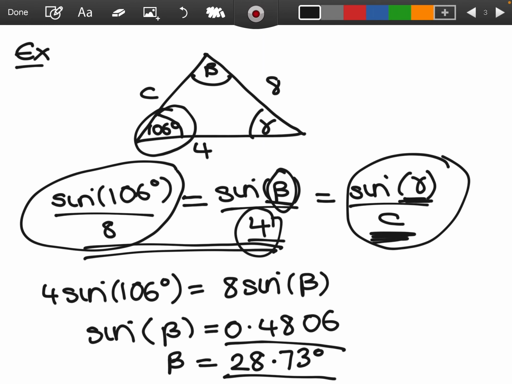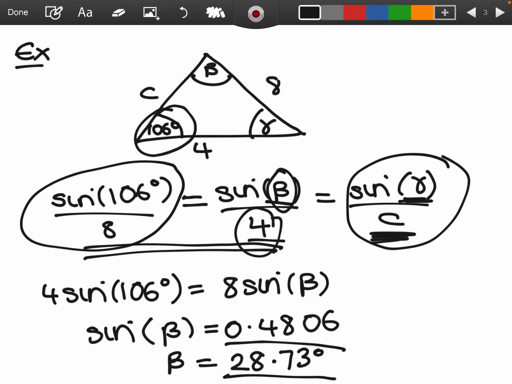To do that, I've looked at what other angle gives me a sine value of 0.4806 that I have here. See if that angle fits into your triangle. If it does not, because you've already got another angle that's big enough to where if I add the two angles together, I'm going to get greater than 180, I know that that's not possible. So in this case, like here, I only have one possibility, okay?